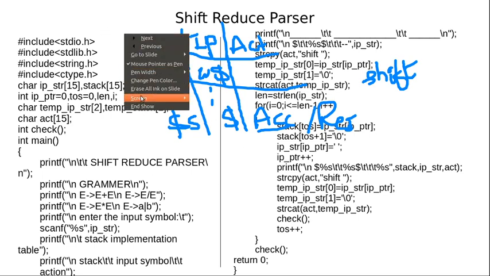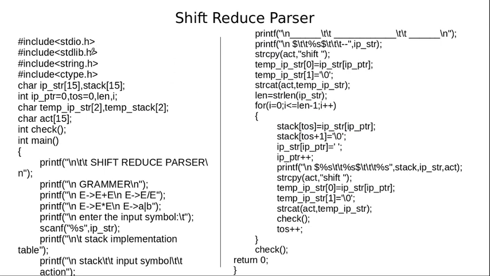Now I am considering the global variables for my program. To hold the input string I use the variable input string, a one-dimensional character array, and to hold the stack content I use a one-dimensional character array called stack.